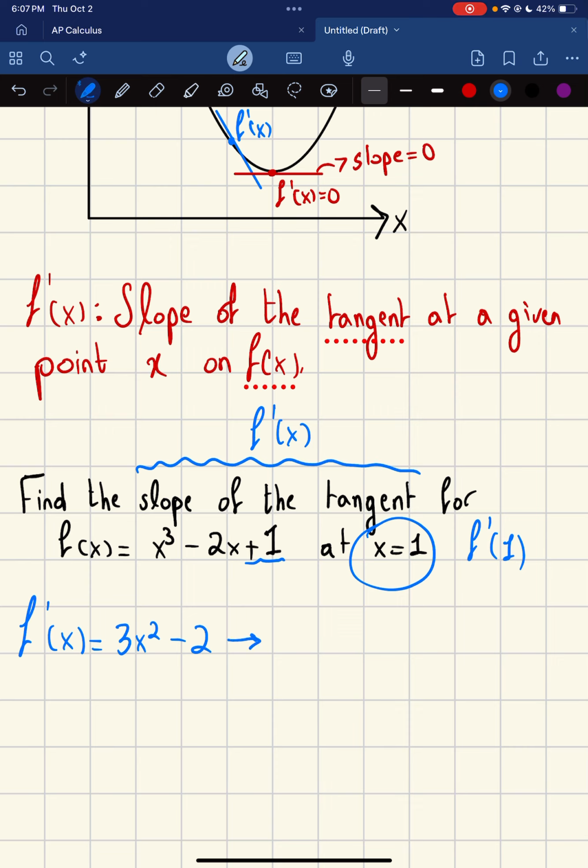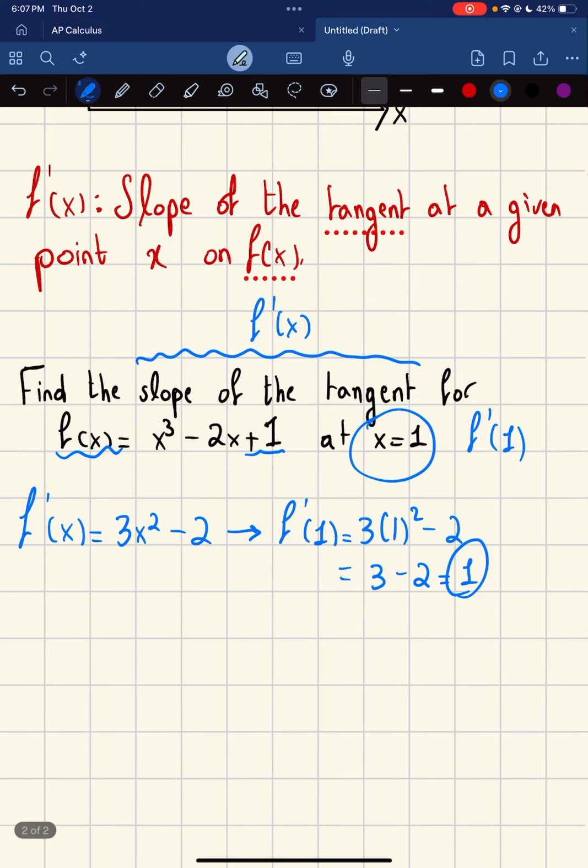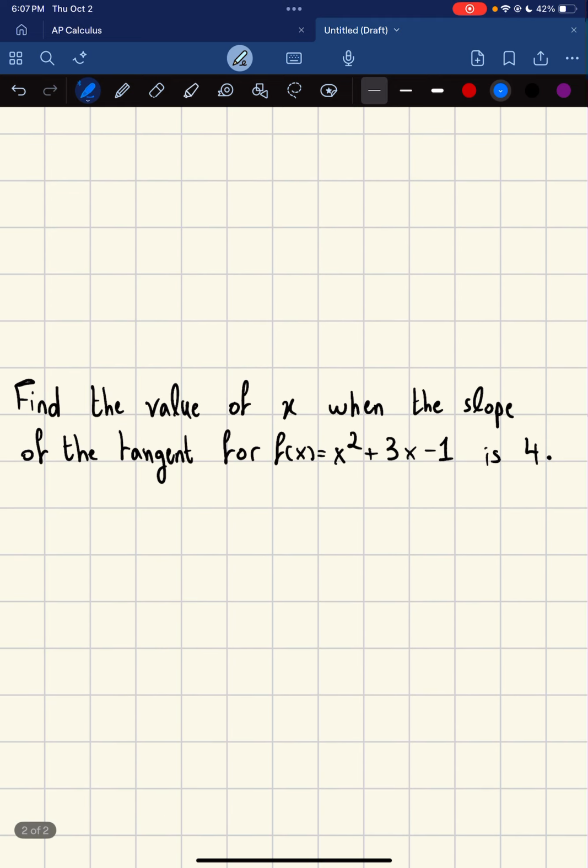Now, if I replace x with 1, f prime of 1 is going to be 3 multiplied by 1 to the power of 2 minus 2, which is 3 minus 2, which is 1. Therefore, the slope of the tangent at x equal to 1 for this specific f of x is equal to 1.